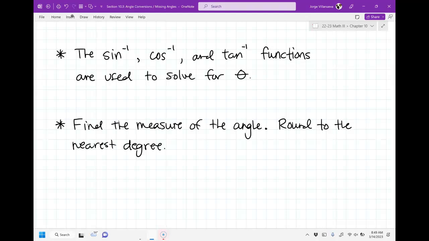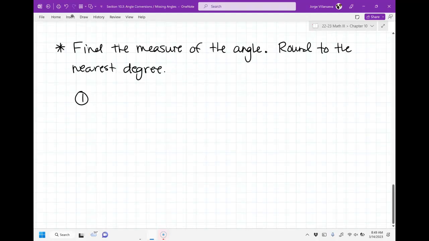So here's my instruction for the next couple of problems. So you do have, what did I say, 18 problems? So you're going to do 10 problems. So we'll do maybe 3 or 4 of them for you guys. So here we go. Example number 1 for this one. Find the measure of the angle, round to the nearest degree.